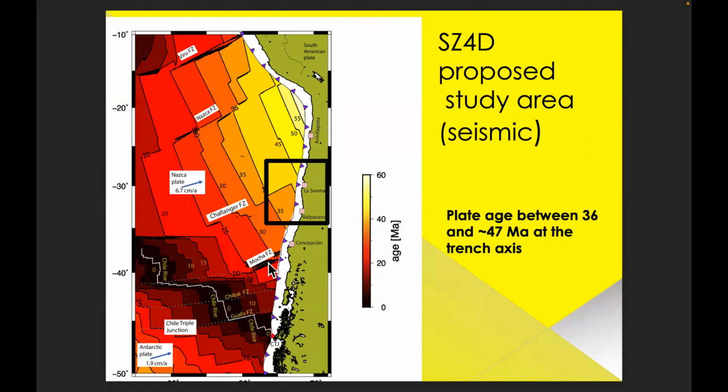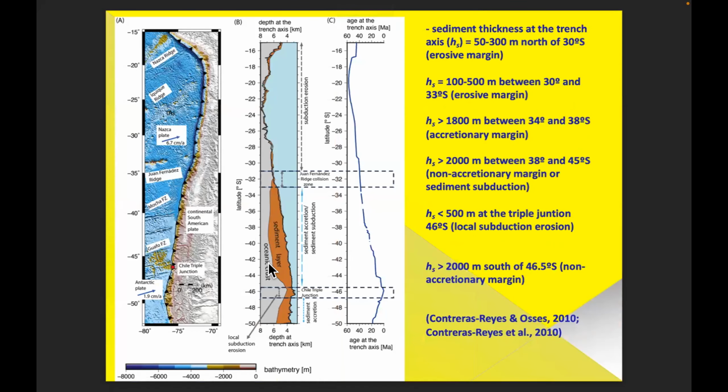And concerning our proposed study area Subduction 4D, the plate age is between 36 and 47 million years old at the trench axis. And in this area, it's very interesting because we have a dramatic change in the sediment thickness at the trench axis.